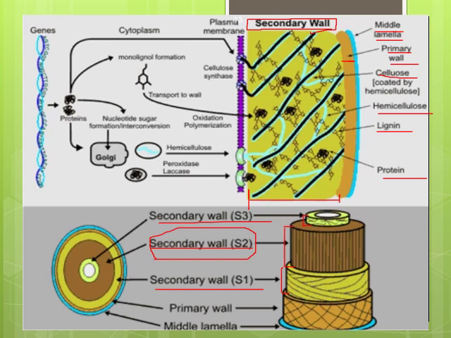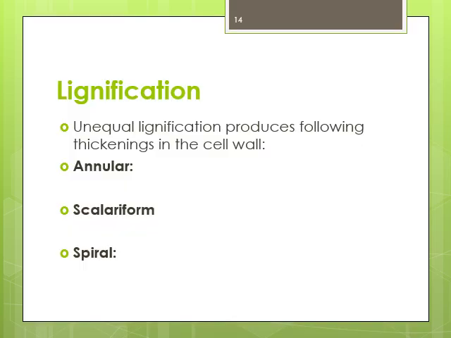Sometimes, due to the unequal distribution of lignin, or unequal lignification, we have different thickenings in the secondary wall.